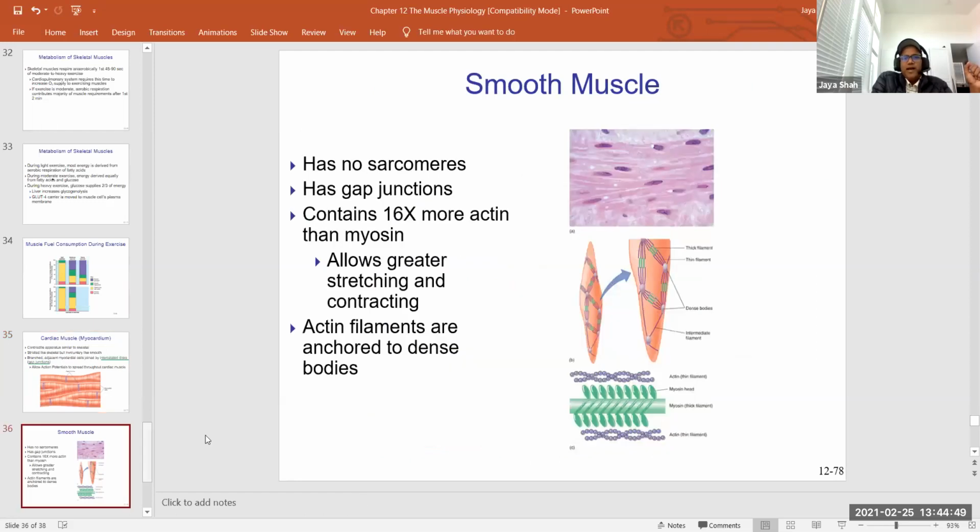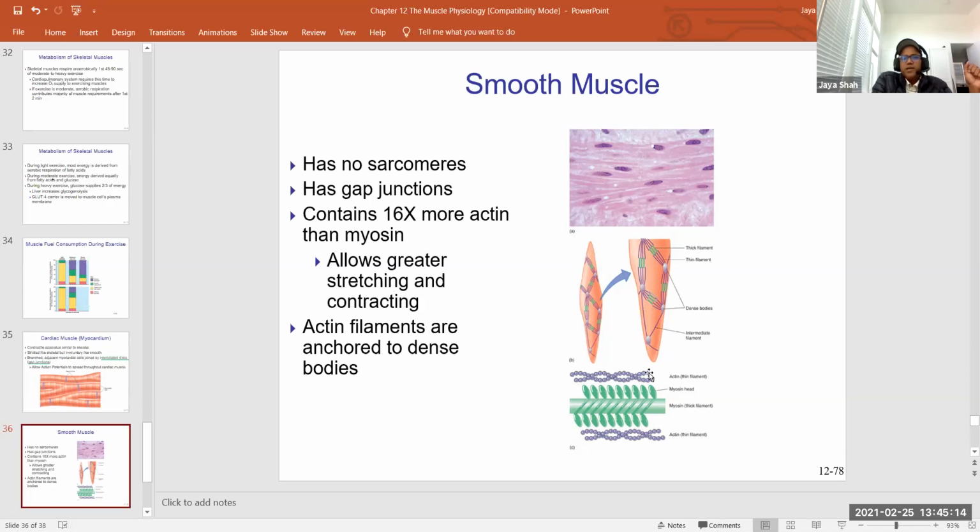Smooth muscle, on the other hand, is not striped, is single nucleated, and is worm shaped. You see here, spindle shape. Both ends are tapered and the center is ballooned. The pattern of actin and myosin is not like skeletal muscles.